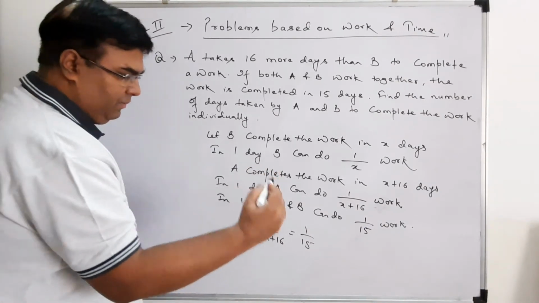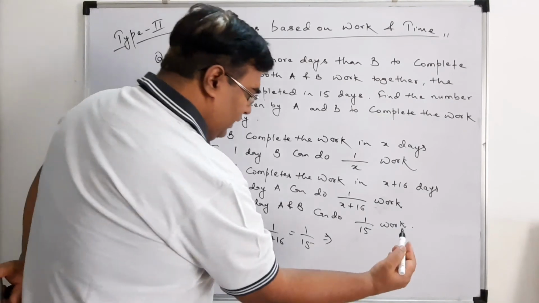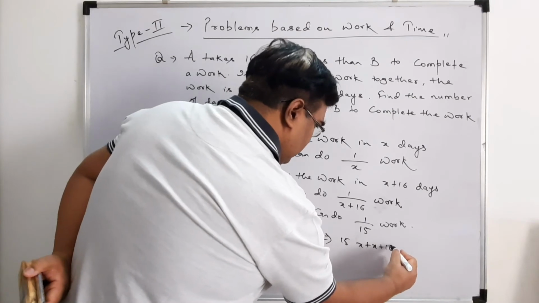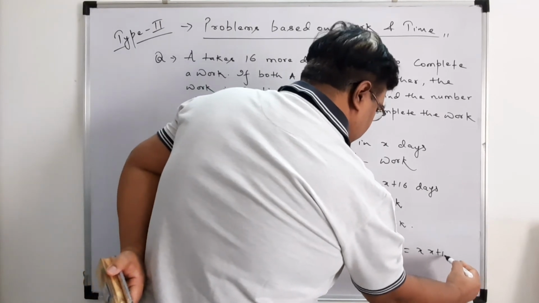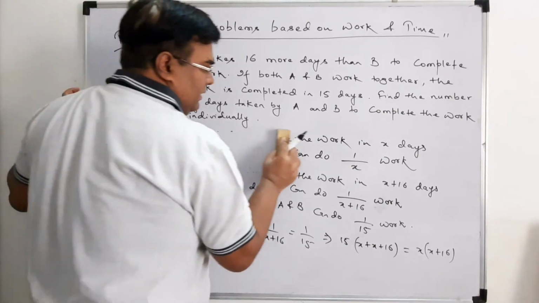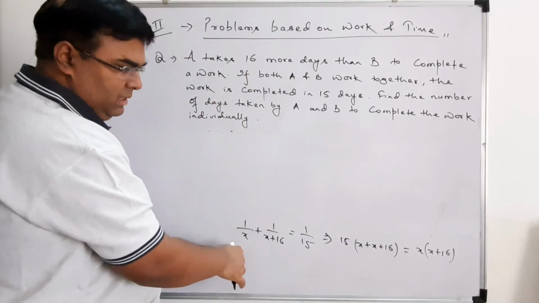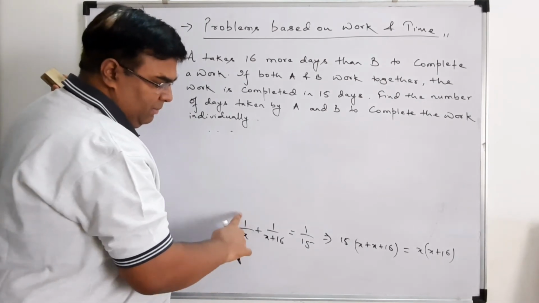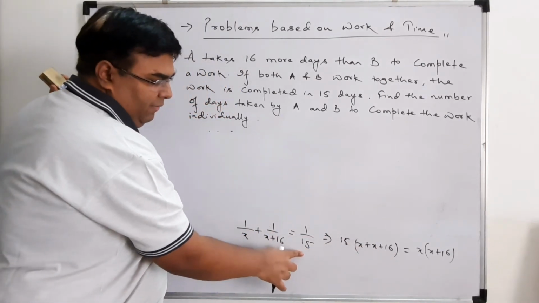So if you just cross multiply and simplify, what will you get? You will get 15 times (x plus 16) is equal to x times (x plus 16). Okay, let's complete this. This equation is transformed into this equation. How? You take the LCM of x and x plus 16, you will get x plus 16 here, x is here, cross multiply, and 15 will also come.